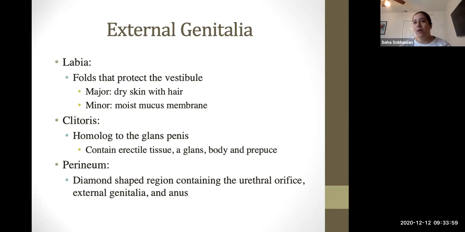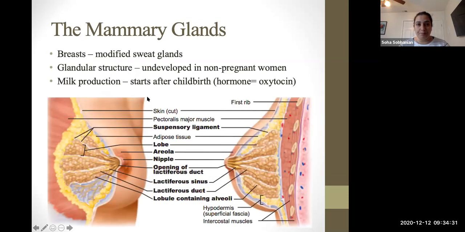The word homologous means they do the same job in both sexes. They might be different in terms of features, but they do the same job. Again, the perineum is that triangle that includes all of the orifices. And the other one that I mentioned was the labia majora. Make a note for yourself, that's homologous to the scrotum in males. So don't forget.